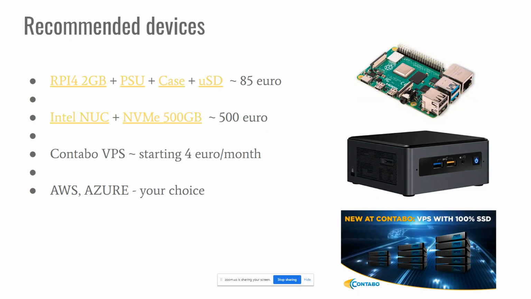The total amount is around 85 euro. If we want to have something more, let's say, professional, we can look at an Intel NUC plus memory of 500 gigabytes. Again, the total cost could be around 500 euro.